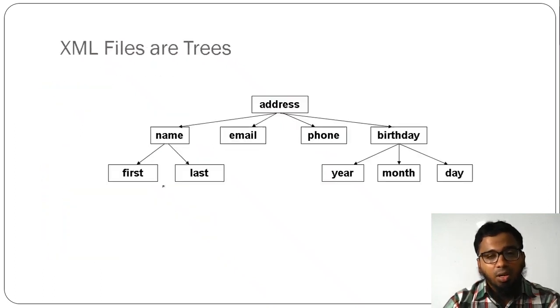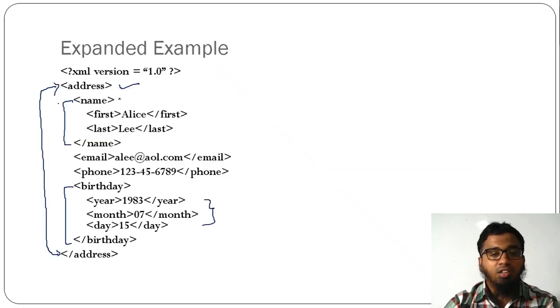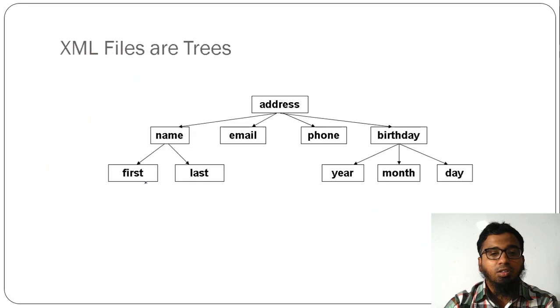Okay. So here is how the address is divided: it is divided into name, email, phone number and date of birth, like address, name, address, email, phone number and birth.